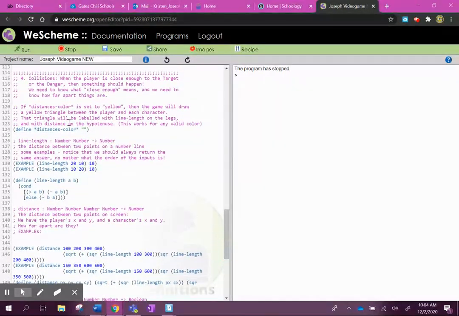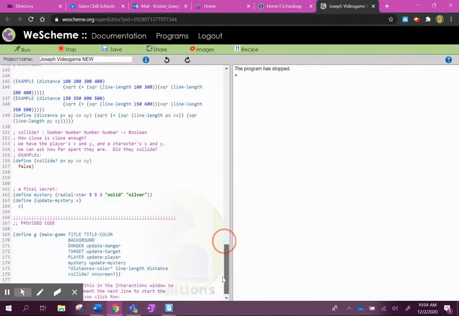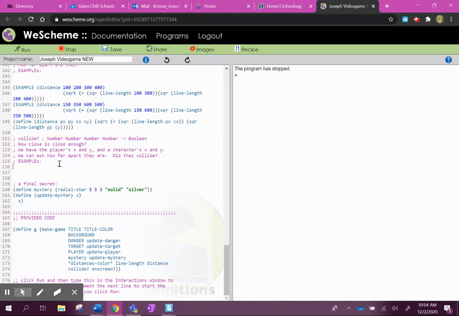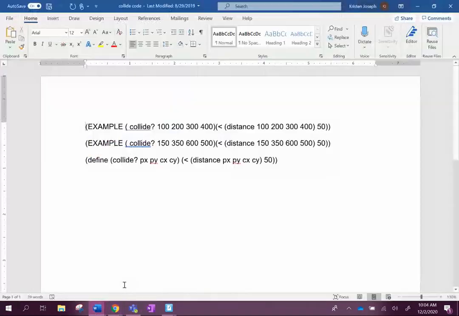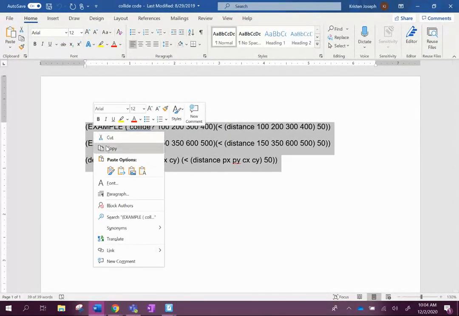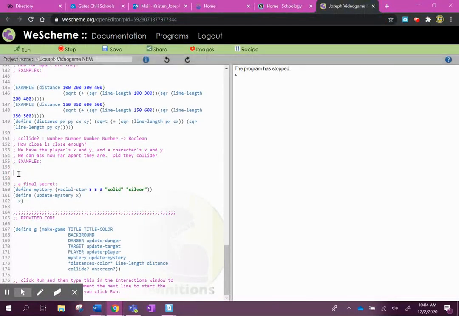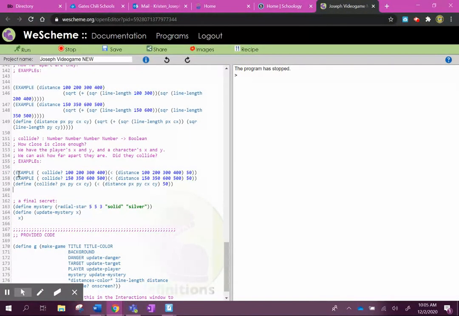So if you scroll down to the collisions section again, if we go underneath what we did in lesson 9, you will see the collide px py part here. That is what we want to get rid of. So we're going to delete that out. And I want to copy the code that is provided. So we're going to copy this and we are going to paste it in our video game file.